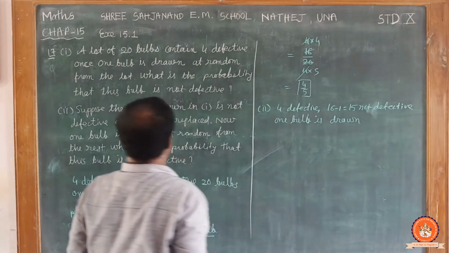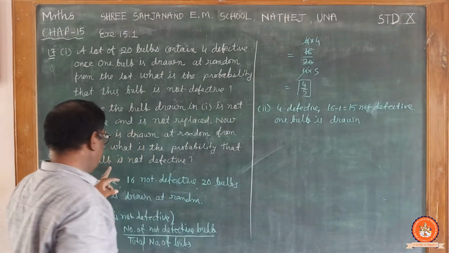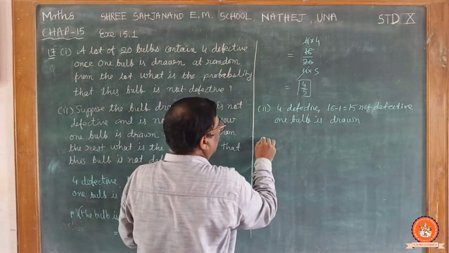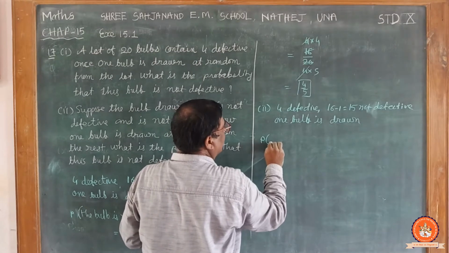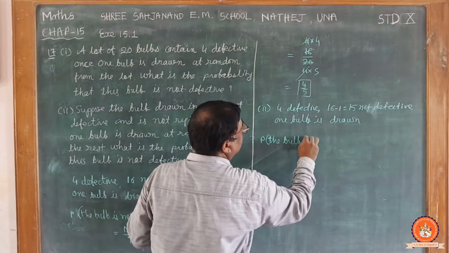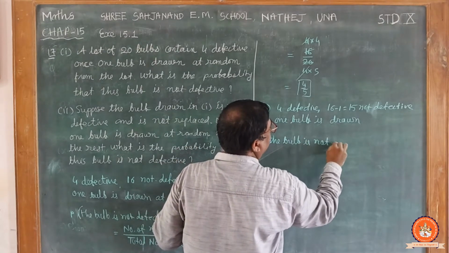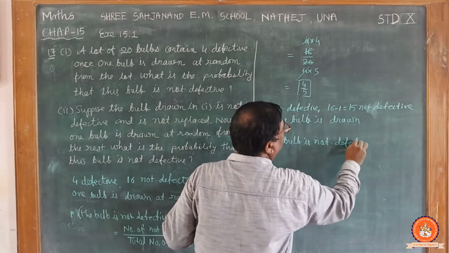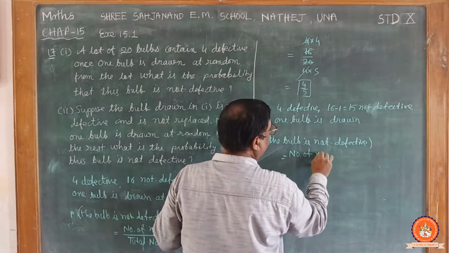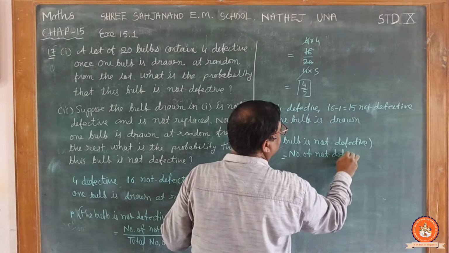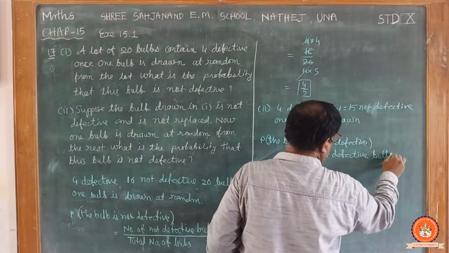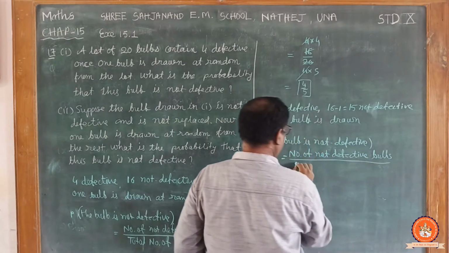Now which probability will you find? What is the probability that this bulb is not defective? So the probability of the bulb is not defective. So again it's the number of not defective bulbs divided by the total number of bulbs.